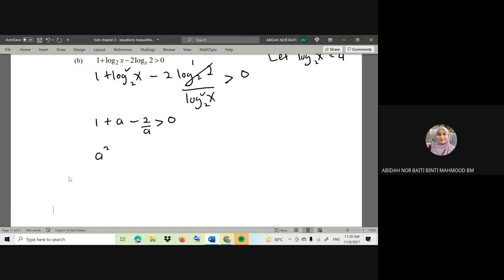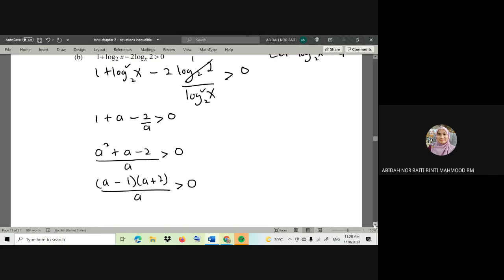So a squared plus a minus 2 over a greater than 0. So your numerator is in quadratic form. So factorize. So (a minus 1)(a plus 2) over a greater than 0.